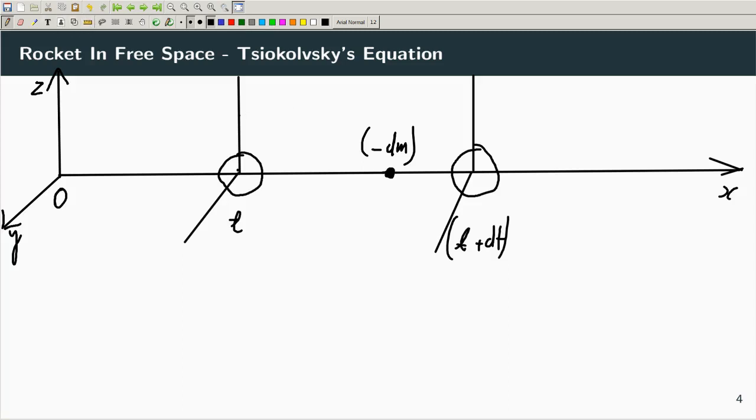So it has some initial velocity, v. Let's call it v. And let's call that frame of reference r. We'll call the rocket frame of reference r.